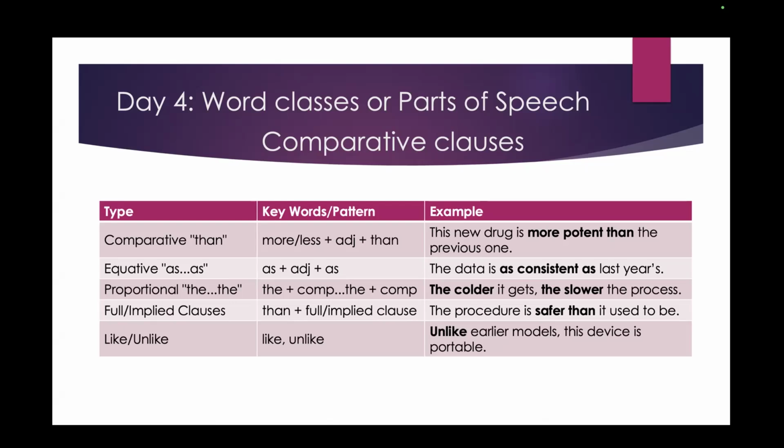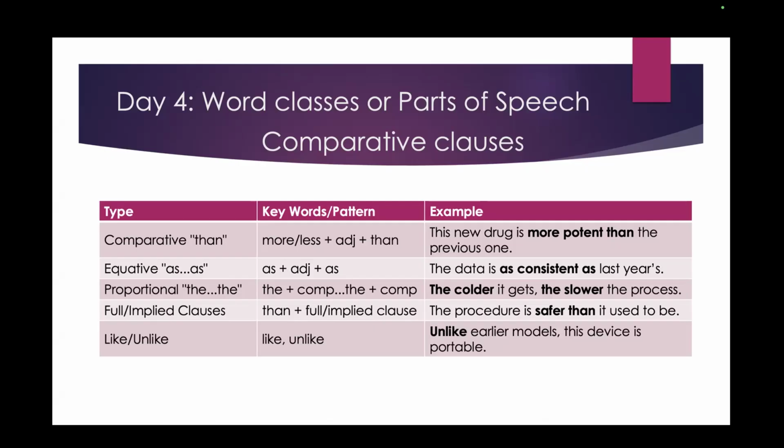So if we want to compare two clauses using than, then the pattern, depending if we are doing a comparative or a superlative comparison, then we have to use more if we are talking about an increase, or less if we are talking about a decrease, the adjective in its original form, and the word than.